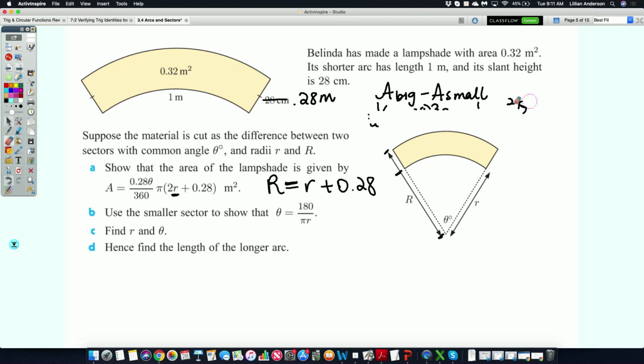All right, so we are going to have to keep this as a degree. I apologize. So then the big one needs to be theta over 360 times pi r squared minus theta over 360 pi r squared.